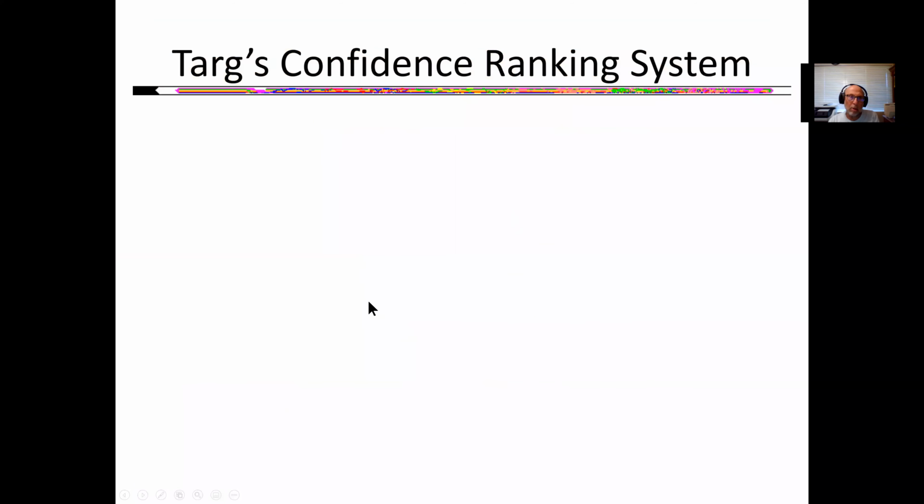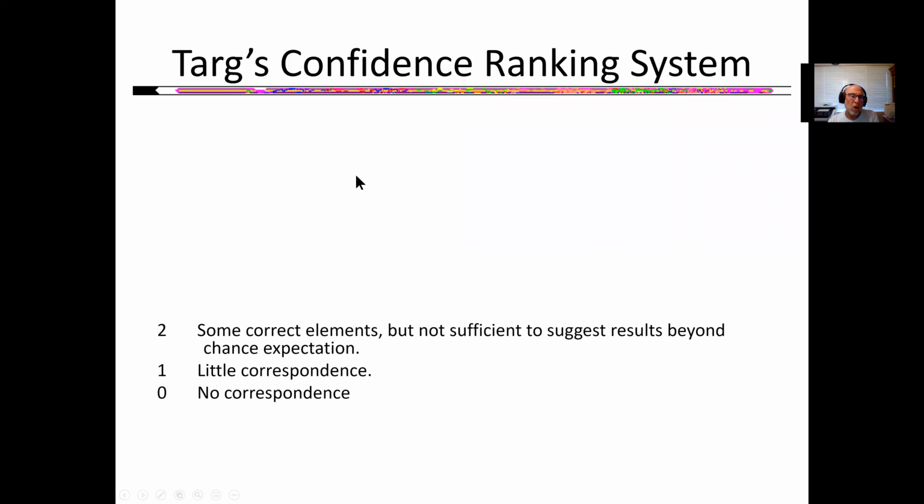Okay, but let's go now and talk about judging in general. TARG's confidence ranking system is 0 to 7. This comes from Russell Targ and a couple of other guys at Stanford Research Institute. They basically say, look, if there's no correspondence whatsoever, we'll give it a 0.